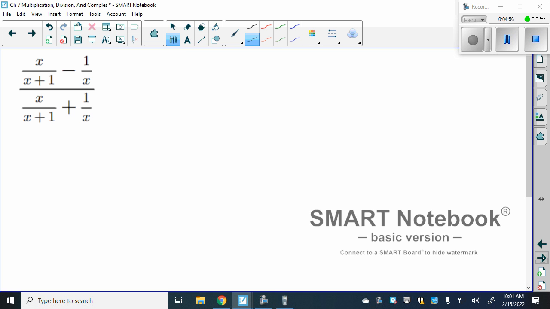All right. Let's look at this one here. So we need to multiply the top and bottom of this complex fraction so that the fractions inside of it on top and bottom will officially simplify. So what's one thing we know we'll need to multiply the top and bottom by?